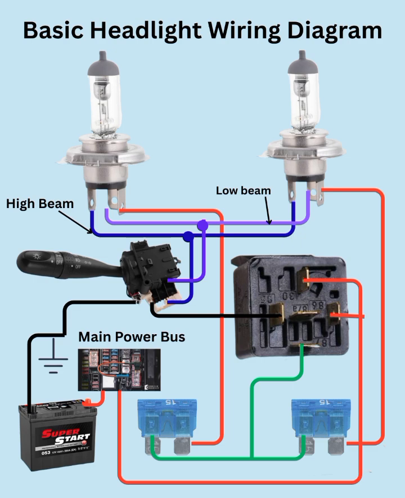Before we begin any testing, it is important to first understand how the headlight system shown in this wiring diagram is designed to operate. I will start by explaining the normal current flow, the function of each major component, and how the system behaves when the headlight switch, beam selector, and passing switch are used.